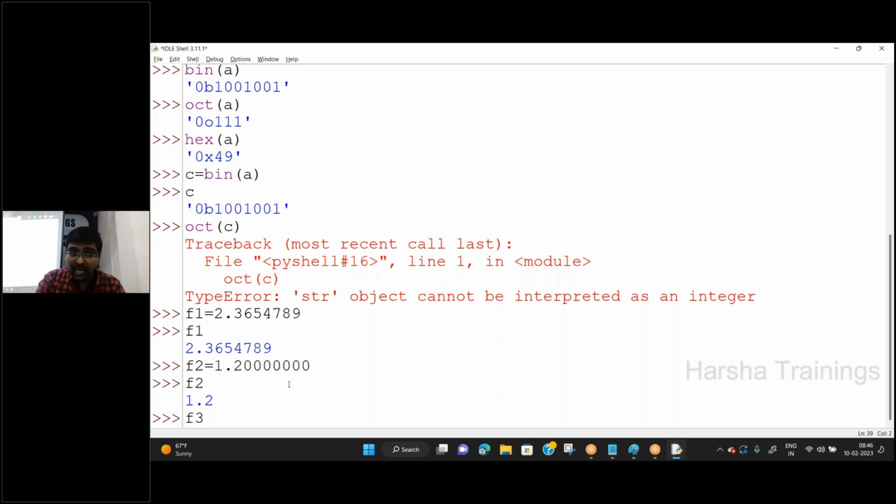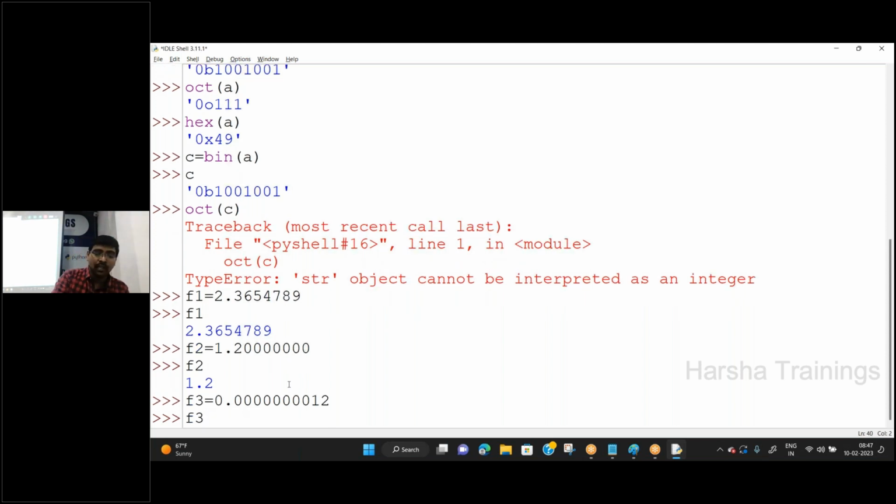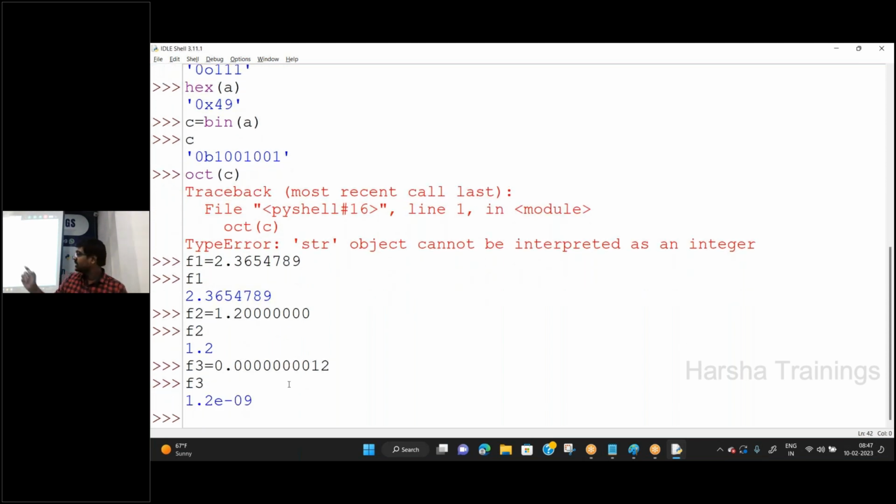Now, my final point: F3 is equal to, suppose, 0.1 or else 0.00000, any number of zeros, 1, 2. Now the entire number is displayed. Yes or no? What is the answer for F3?